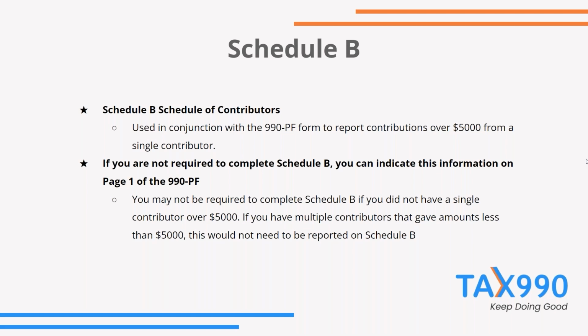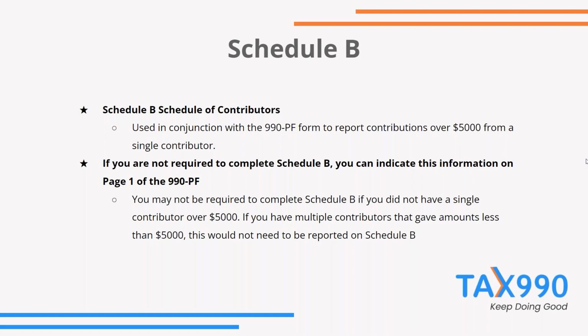As I mentioned, a lot of times people get confused as well on the $5,000 or more situation. So if your organization has a total of $10,000 in contributions throughout the year, and not a single one of those contributions was given by an individual and was over $5,000.